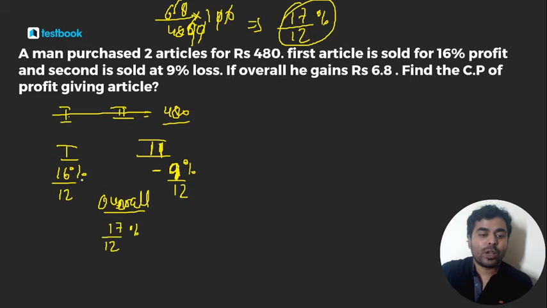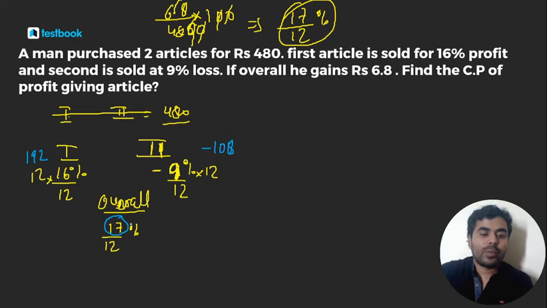If you are putting 12 in the denominator, you have to multiply it in the numerator also. 16 12s are 192, so here we get 192 by 12, and here we get -108, and this is 17. Since the denominators are the same in each case, now we can easily subtract.